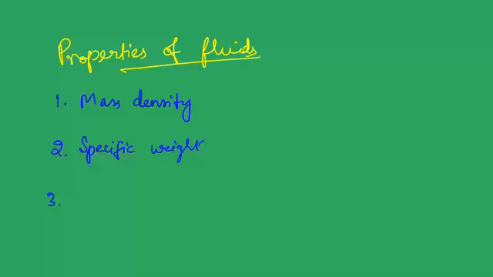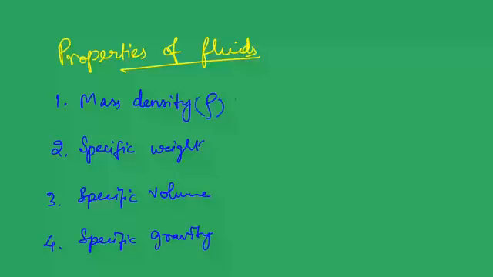Third one is the specific volume, and fourth one will be the specific gravity. So we'll start with the mass density, that is denoted as rho. So the mass density is actually mass per unit volume, mass of the fluid per unit volume of the fluid, and its unit is kg per meter cube.